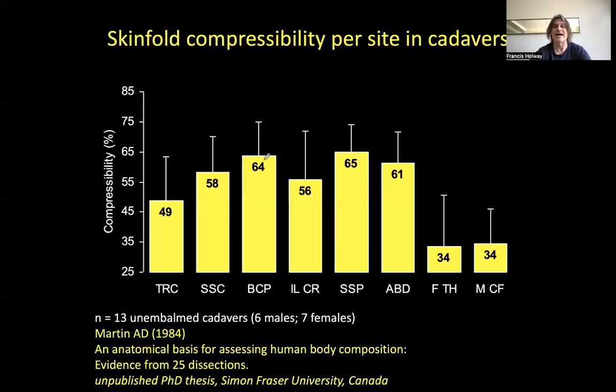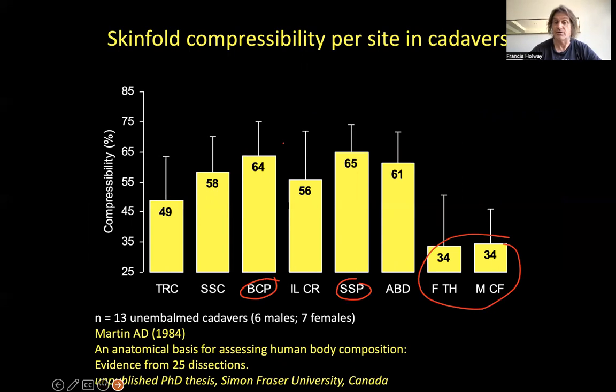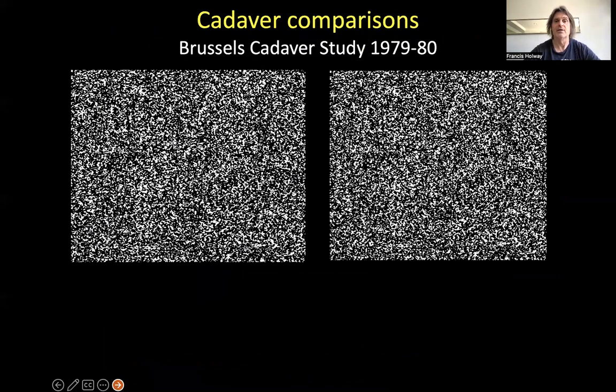For example, the highest compressibility in skin folds was at the biceps and at the supraspinale sites. Those are very small skin folds. And the least compressible skin folds were front thigh and medial calf. So those are pretty good skin folds because they don't compress as much. But anyway, that's just to keep in mind.